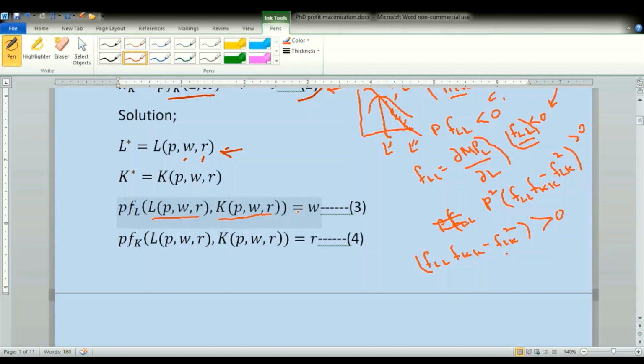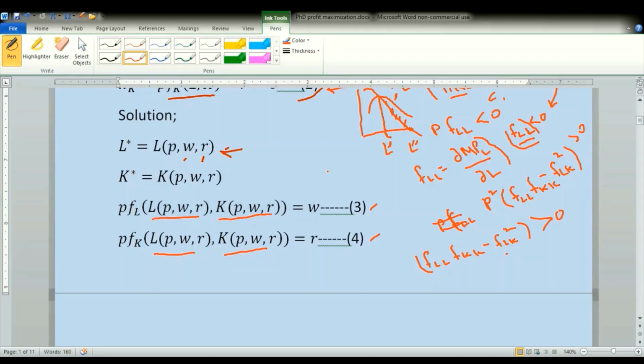And I took W on the other side, so on this side it was minus W, I took it on the other side, so it became plus W. Similarly, in the second equation, I also inserted the labor demand function and the capital demand function, and I switched the side for R, and in this way I am able to get equation number 3 and equation number 4.